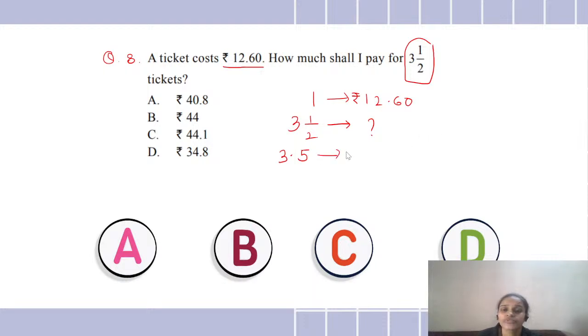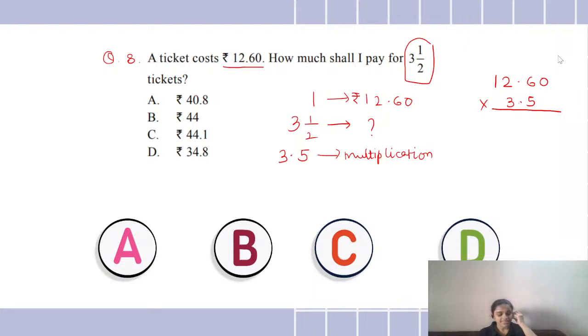I have to use the operation of multiplication. So I am going to multiply 12.60 with 3.5. Now here the trickiest part is putting the decimal.